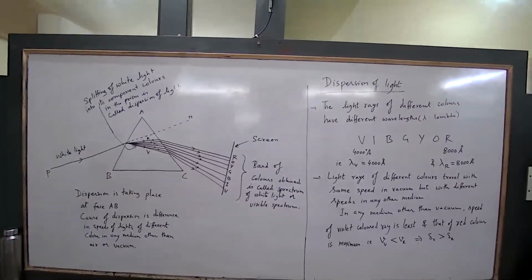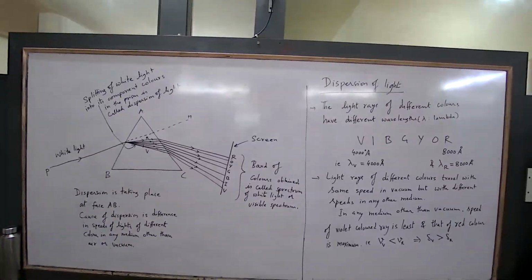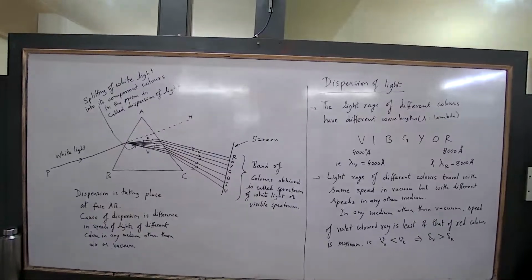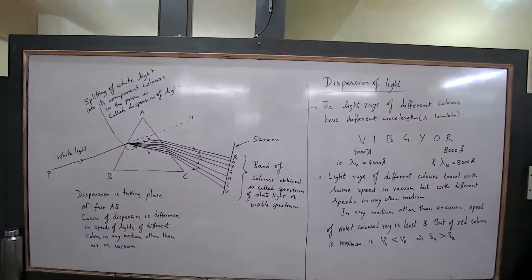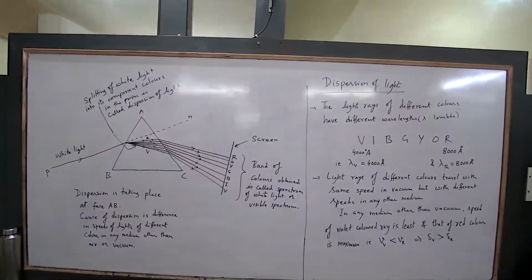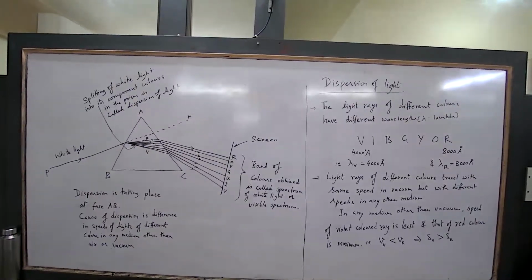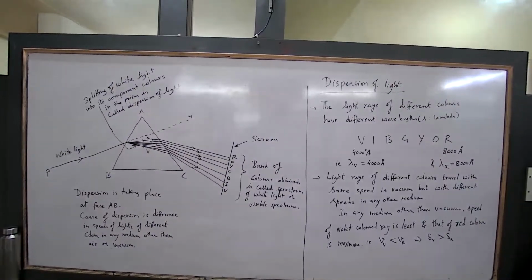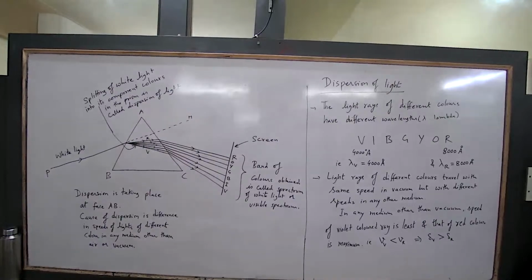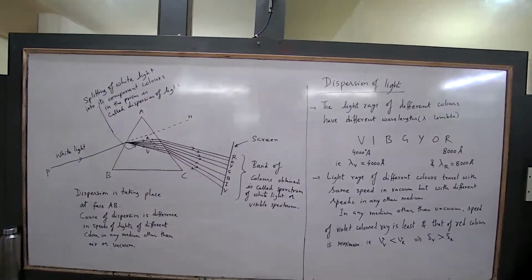So that you will study in 12th standard. You are in CBSE, right? In physics, I don't know if in chemistry they have taught you about different radiations. Not yet.